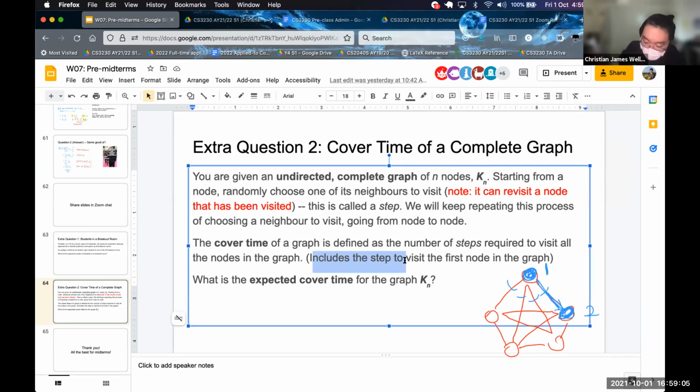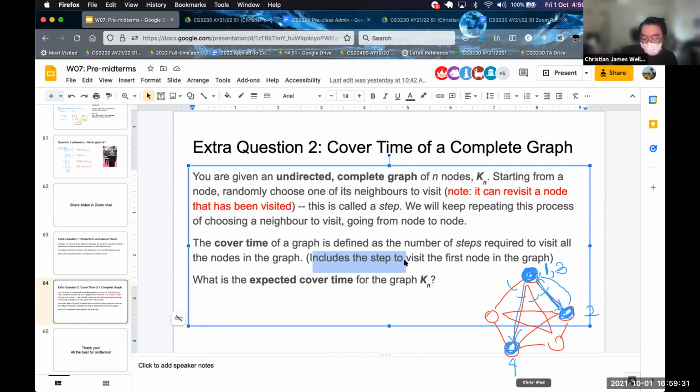Then you can randomly choose one of his neighbors again, including the node that you just came from. So potentially you can also come back over here. So the third step is spent on visiting back to the same node. Then maybe after this, you visit this guy. This is the 4th step.